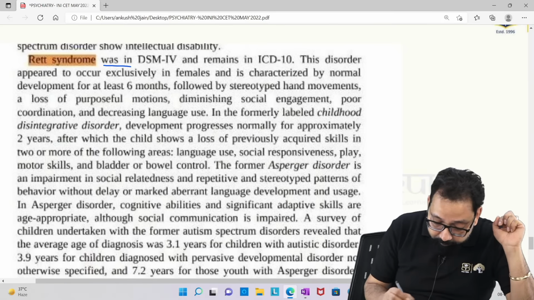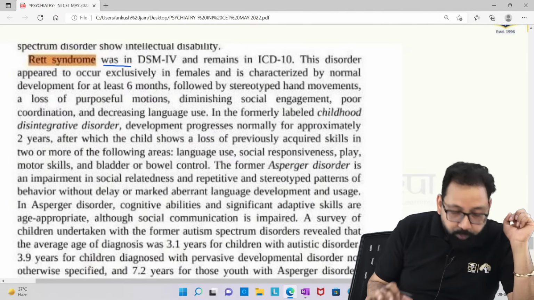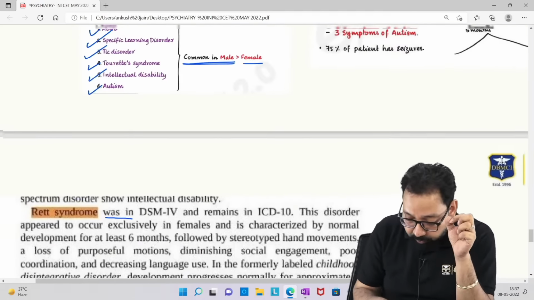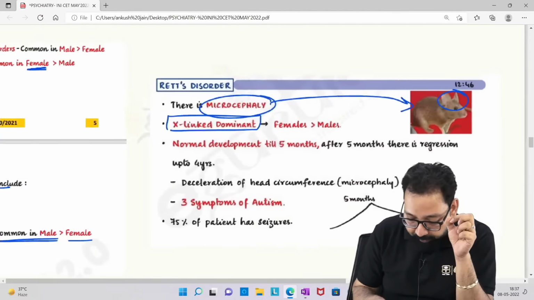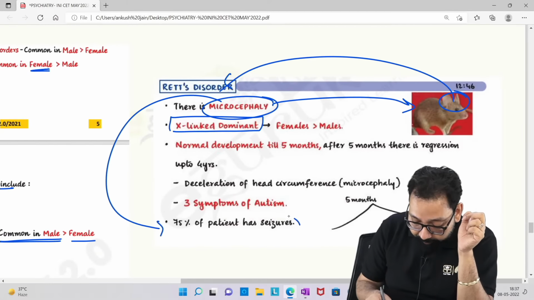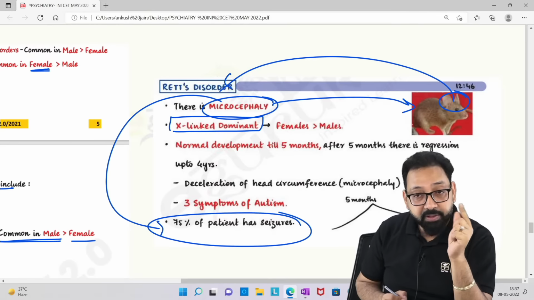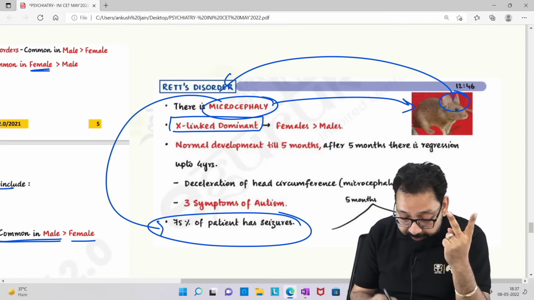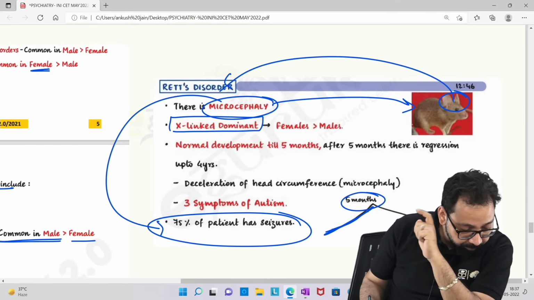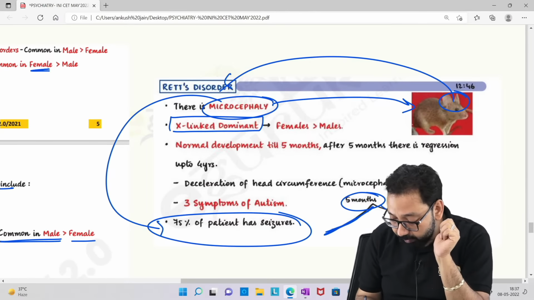In Rett syndrome and Heller syndrome, you can easily differentiate that in Rett syndrome, first of all, there is microcephaly, a typical feature, first thing. And 75% of patients have seizures, second thing. And in Rett syndrome, normal development till 5 months. After that, regression.